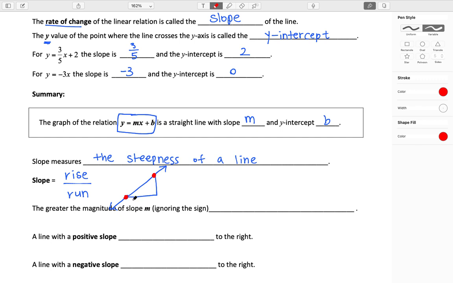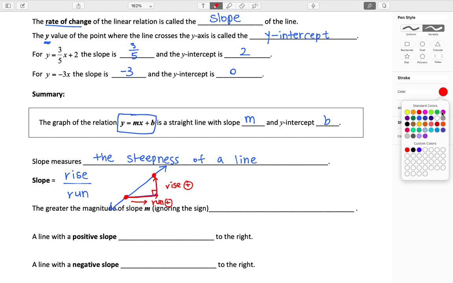So for the run, we're going this way because we have to reach another point. We are going to the right, so this is run, positive. And then after we run all the way here, we're going up. This is rise. In this case, the rise is positive as well.